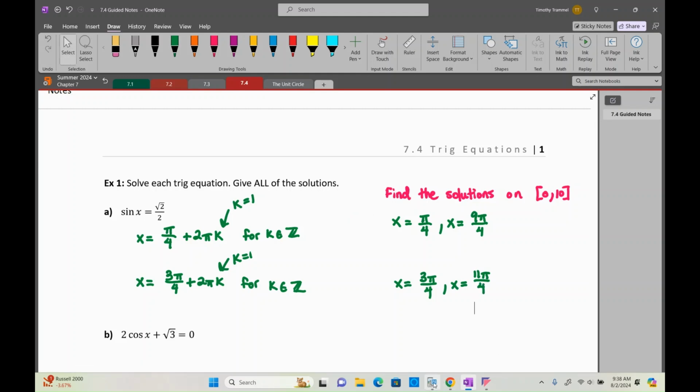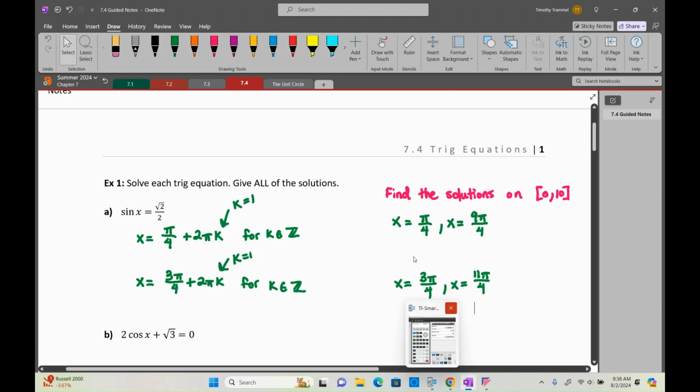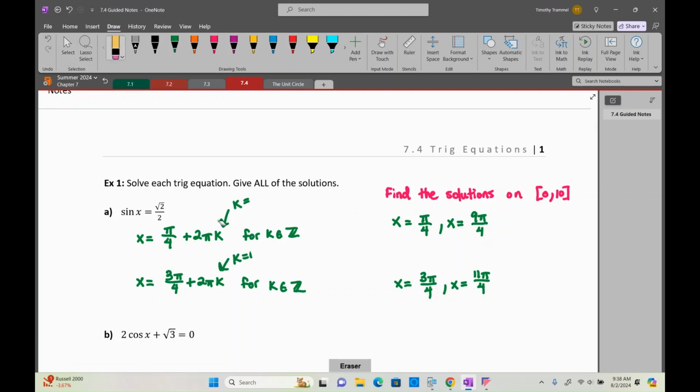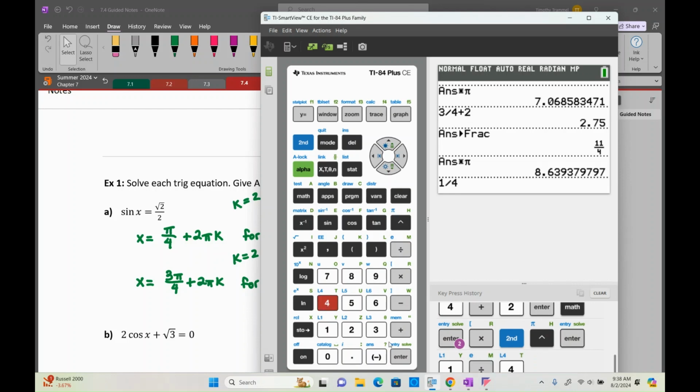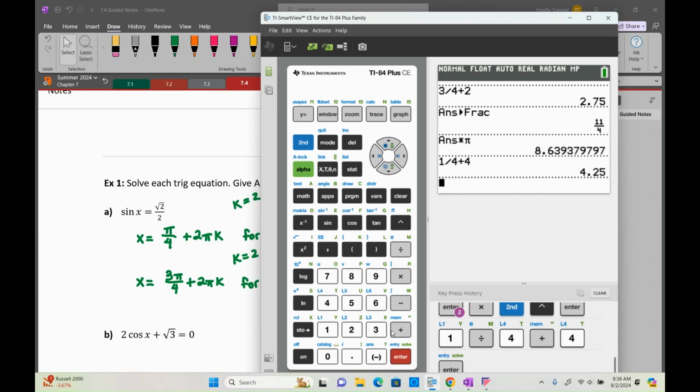All right, and let's check one more here. Let's see now if we let k be equal to 2, what happens? All right, so if we do that, then we have our pi over 4, which I'm going to just type in as 1/4, plus 2 times 2 pi, or how about let's just say 4. So we get this, and we want to multiply that by pi.